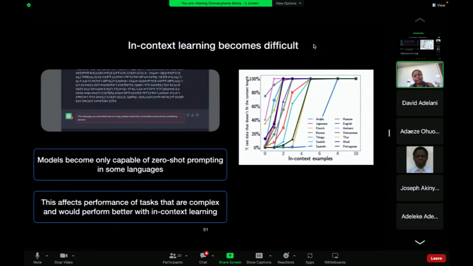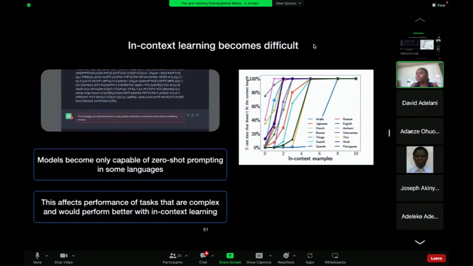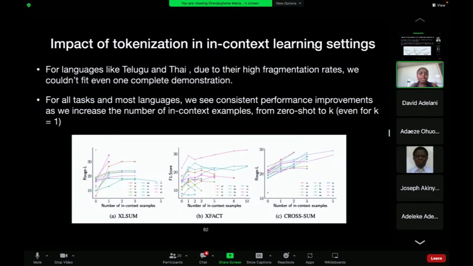So this would affect performance of complex tasks that would typically perform better with in-context learning. This is just trying to fit your examples into the model. Then we did experiments on three tasks: summarization, fact verification, and cross-lingual summarization. XL-Sum is monolingual summarization, summarizing within the same language.